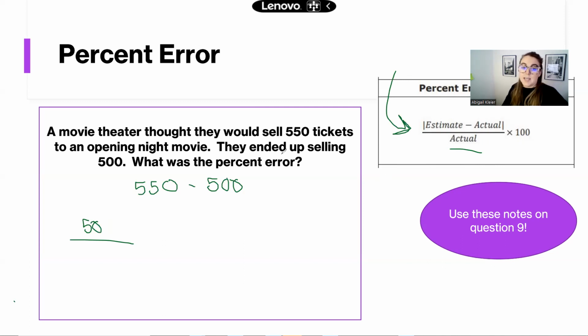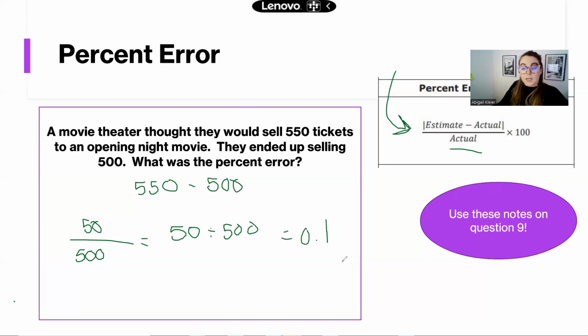So this problem says they ended up selling 500. They thought they would sell 550. They only sold 500. So our fraction, again, is the difference in the top, actual value on the denominator. And just like with percent of change, I can divide 50 divided by 500. And that gives me 0.1.